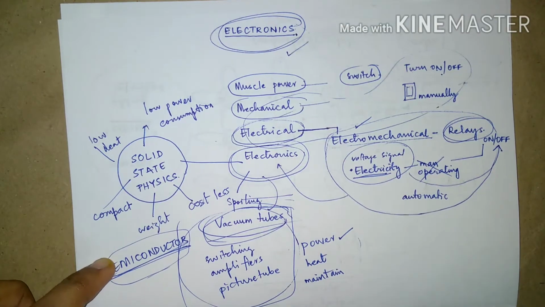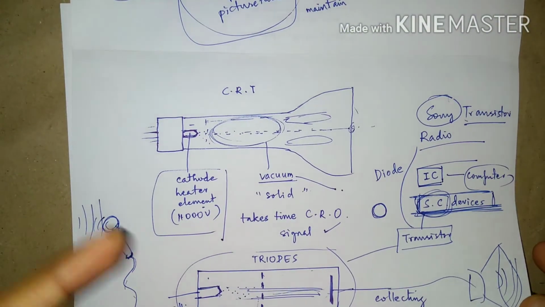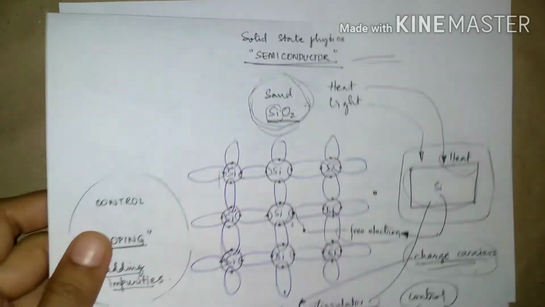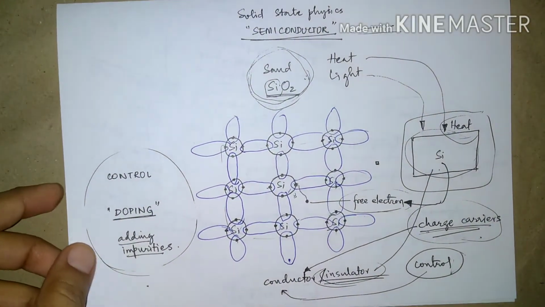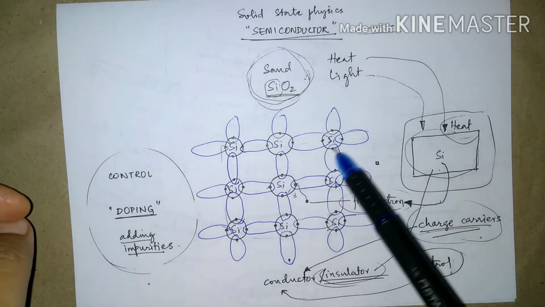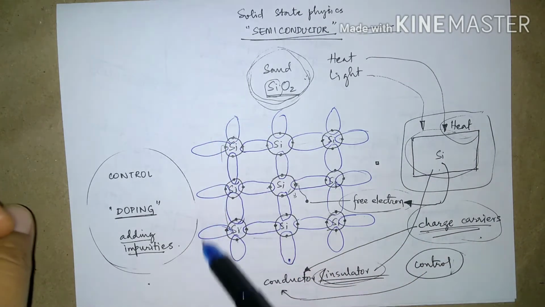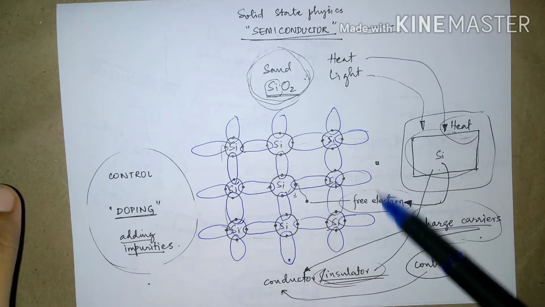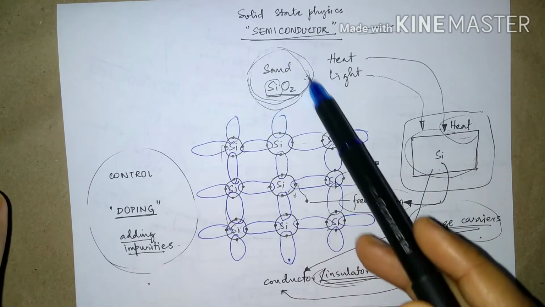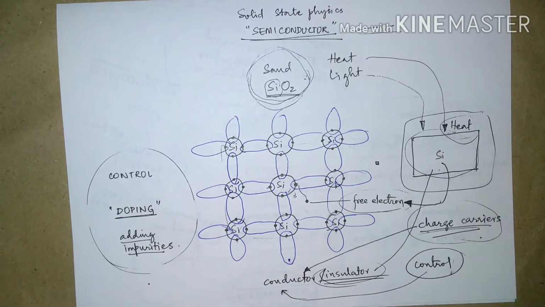Then we discussed the disadvantages and advantages of vacuum tubes, and we just started regarding what its structure is, and we just got to know that they use sand for making pure silicon crystals, into which they are going to add some impurities.